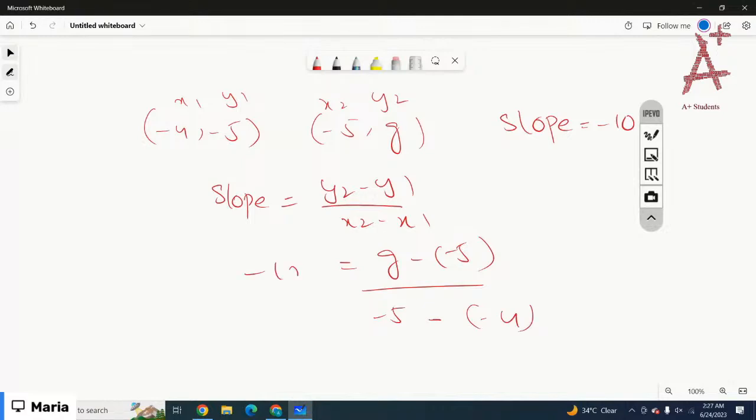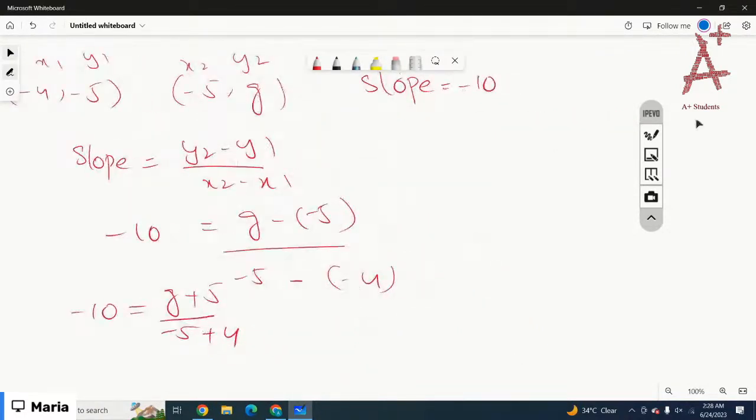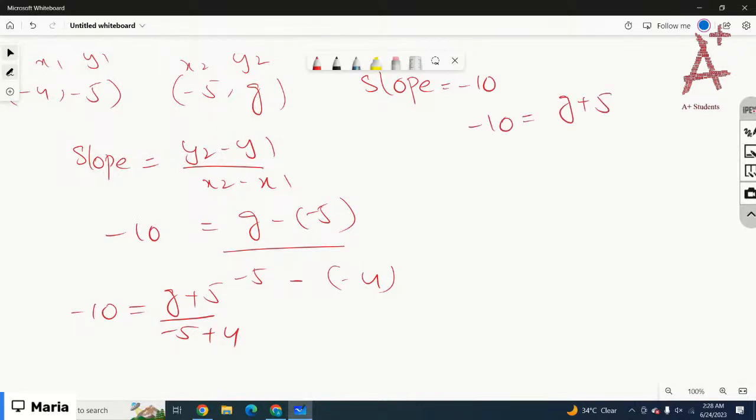Also the slope is negative 10. Got it? So it would be negative 10 equals g plus 5 divided by negative 5 plus 4. So it would be negative 10 equals g plus 5 over negative 5 plus 4, which is negative 1.